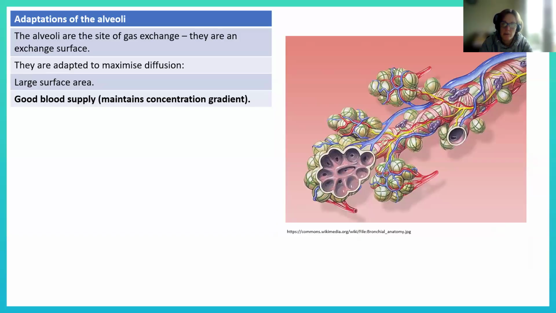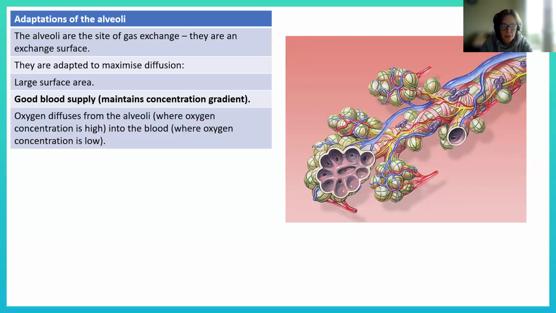So here's a really good diagram showing you the alveoli and the network of vessels going over it. So on each individual alveolus, you can see the really small capillaries, the thin little lines, and then they obviously drain to the larger arterioles and arteries, which are connected to the main blood supply network.